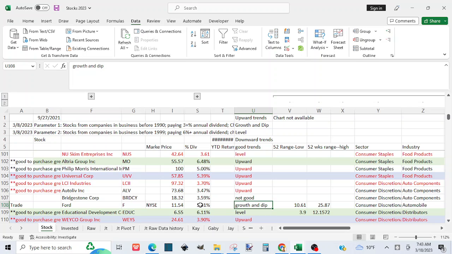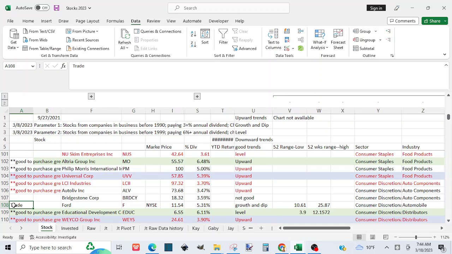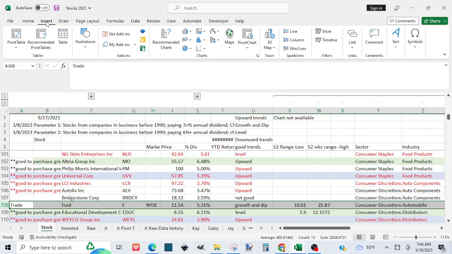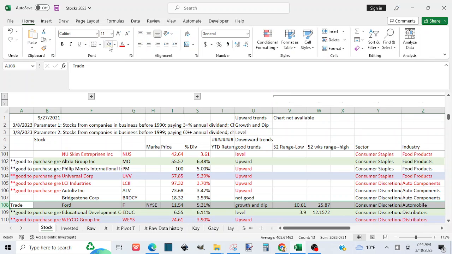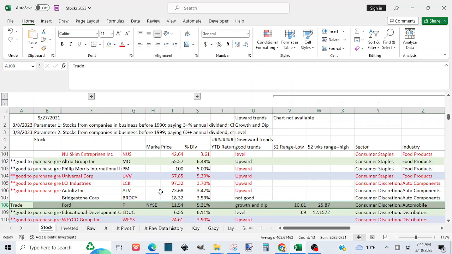So if I'm looking to invest in some growth and dip type of stocks that pay high dividend, Ford will make that list. And I put it in trade. But I think I have some Ford, so I'm going to add a color to it. Okay.